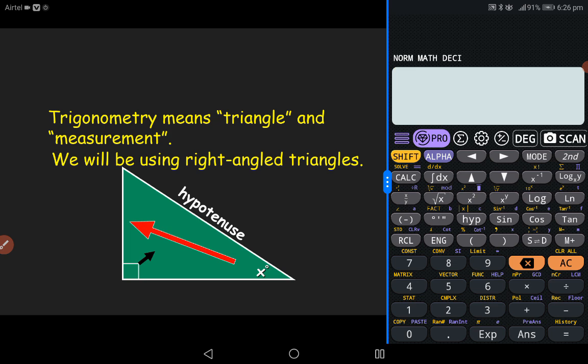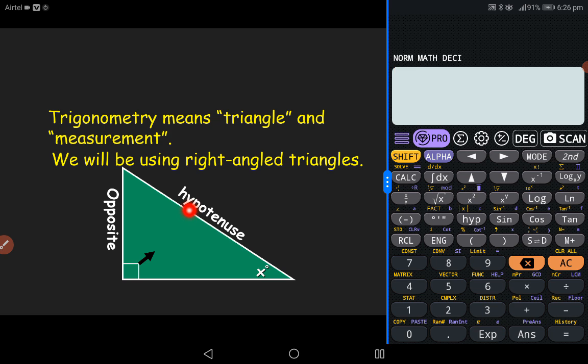Whereas, the side which is directly opposite the given angle, marked X, as the name suggests, is known as the opposite side. This side here is the opposite side of this angle. This is the given angle, other than the 90-degree angle.